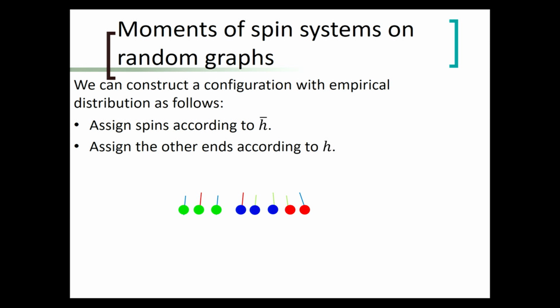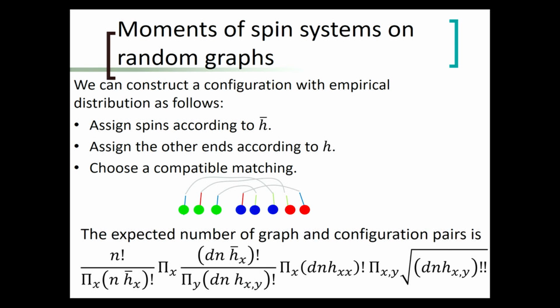So we can count how many ways there are of doing each of these steps, and then we choose a matching that's compatible with the coloring. You can write down, in terms of lots of multinomials and factorials, the total number of ways of doing all of that.